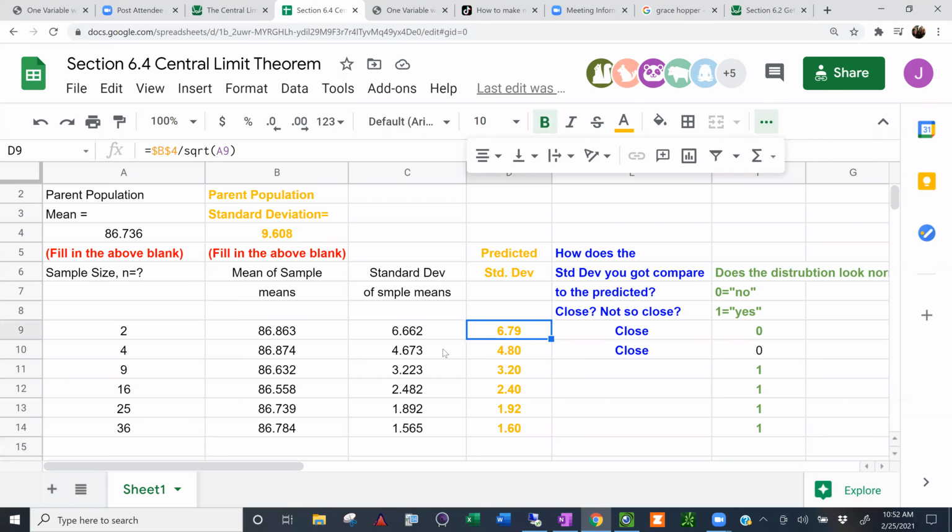So that's how I was able to get such a good prediction. And it worked pretty good. I think I was off by no more than 2% in any of these. Actually, for samples of size 9 here, I was within 1%. So we got really good results here. Now your results are going to vary a little bit from mine, but the values that you got should be pretty close to the predicted values.